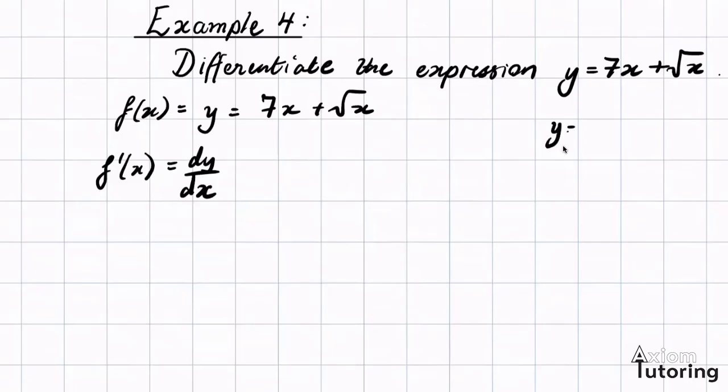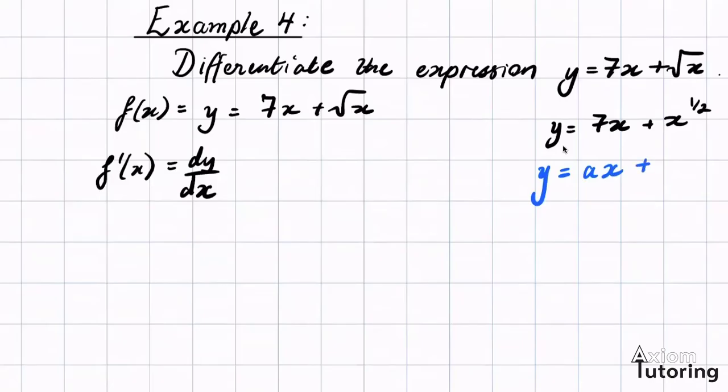It might be easier just to rewrite this as 7x plus x to the power of a half. And now, again, we can compare it to a general form of our function that we can differentiate. So that's ax this time. Remember that when we differentiate a times x, we just get a.